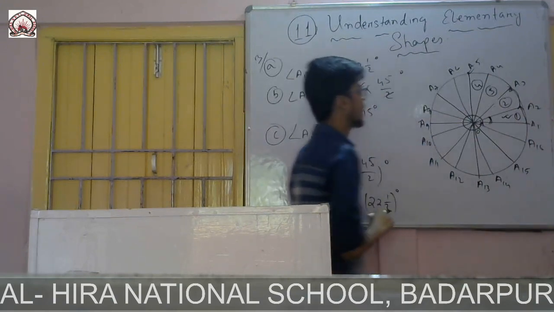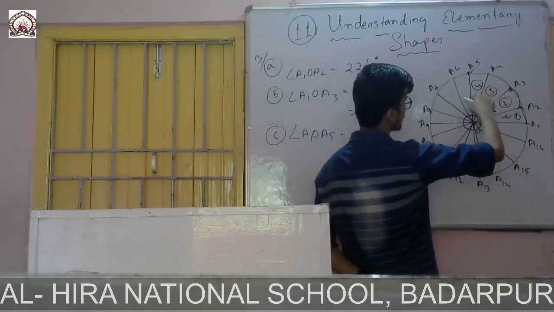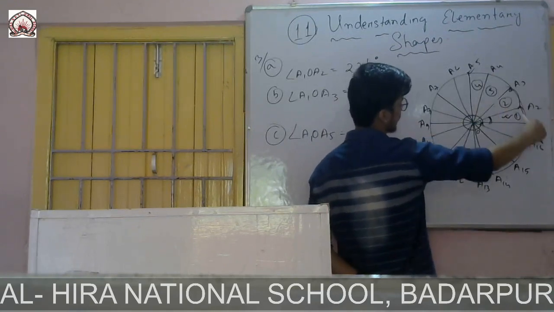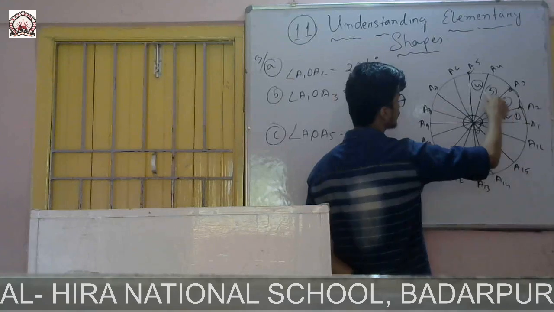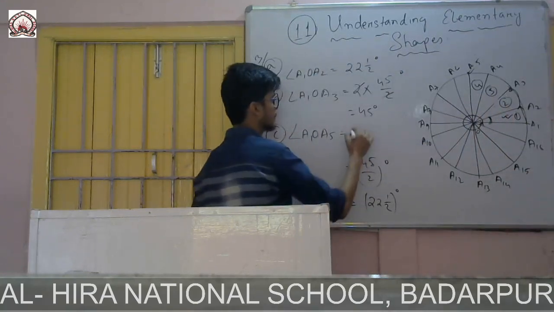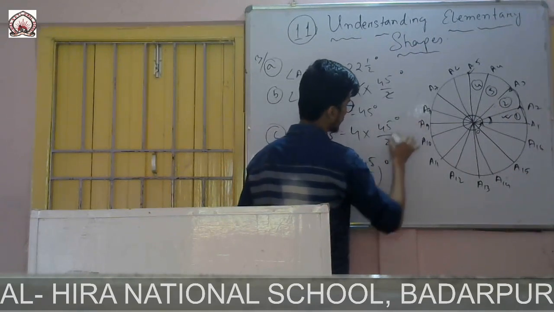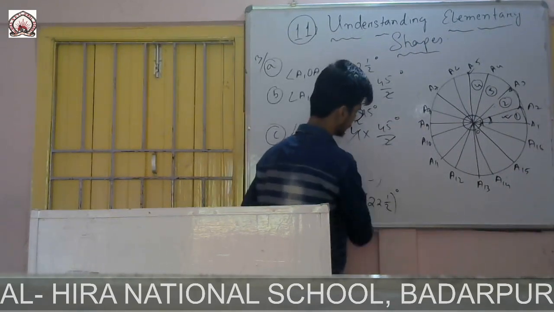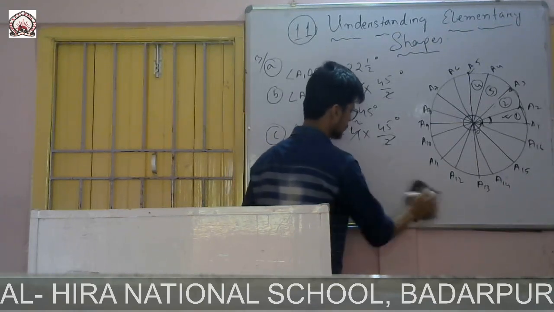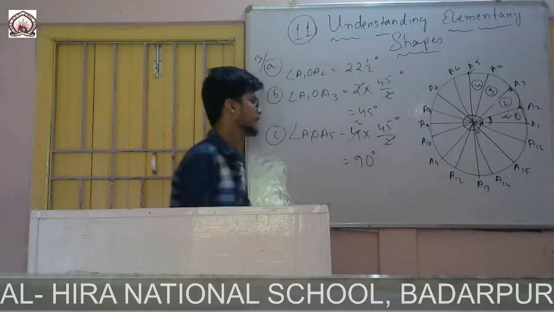That means I will multiply by 4: one angle, another, another, another, between A1O and A5. So I simply multiply with 4: 4 into 45 by 2 degrees. 2 2s are 4, and 45 2s are 90 degrees.